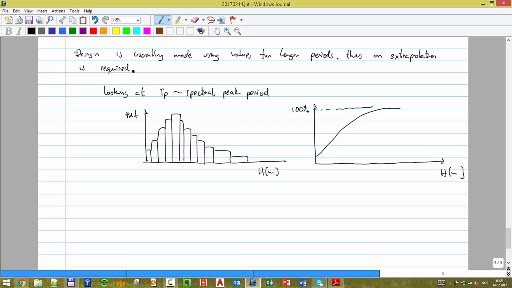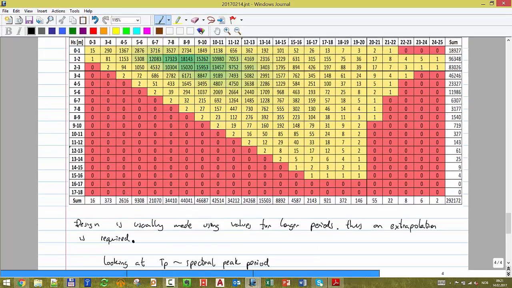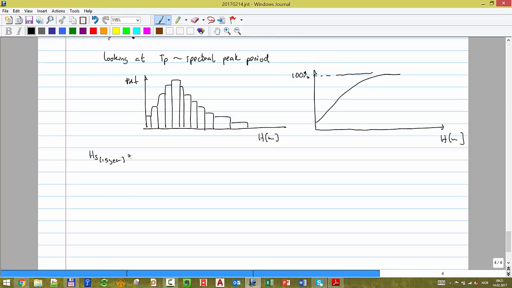So the 15-year wave, the H significant 15-year wave for that particular period range, since we are now looking at each particular period range, is one that occurs at least once in a 15-year period. 15 years is equivalent to, and you can make the calculation to verify, but I hope I'm correct, 292,000 states of 3 hours.